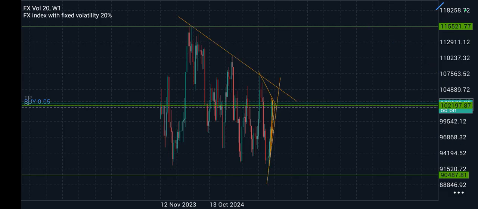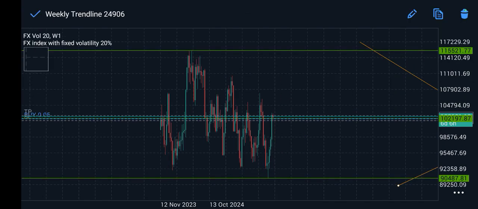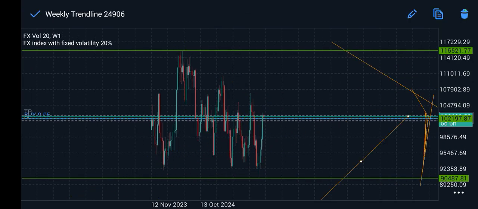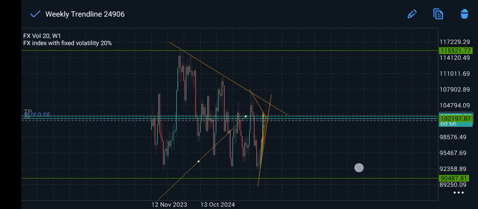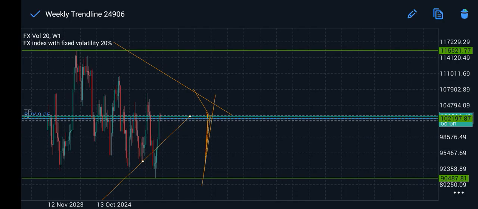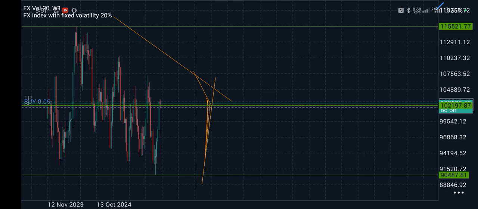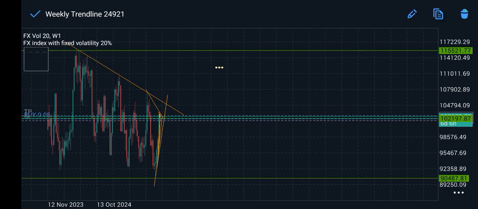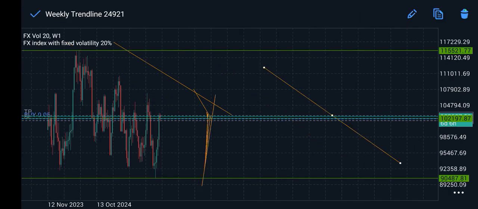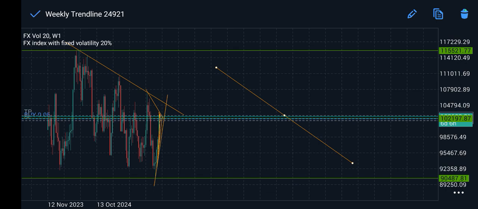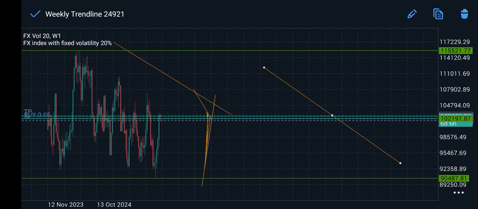This line I draw now, this market is going up. You see this line is slightly going up. But this one is a downtrend. That is, it's coming downward. That one is going upward.